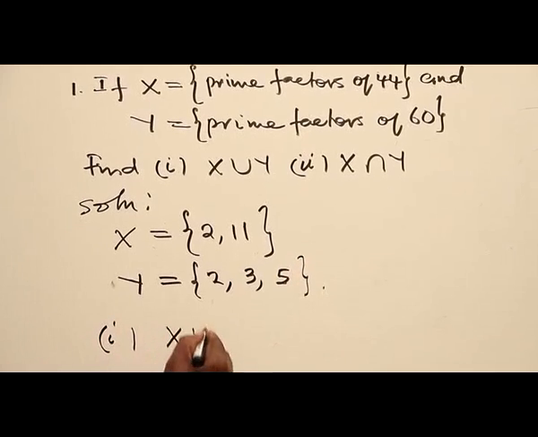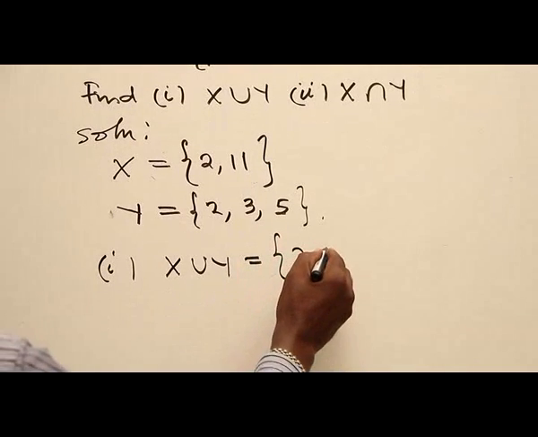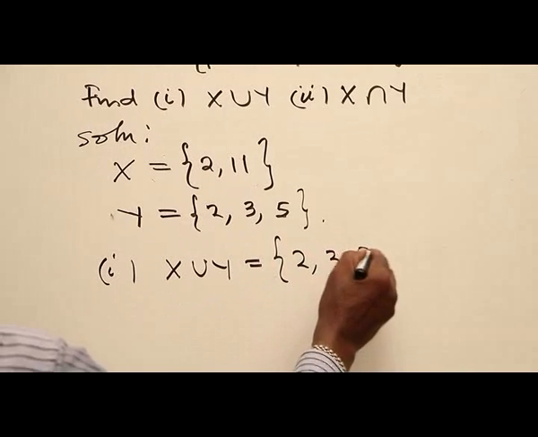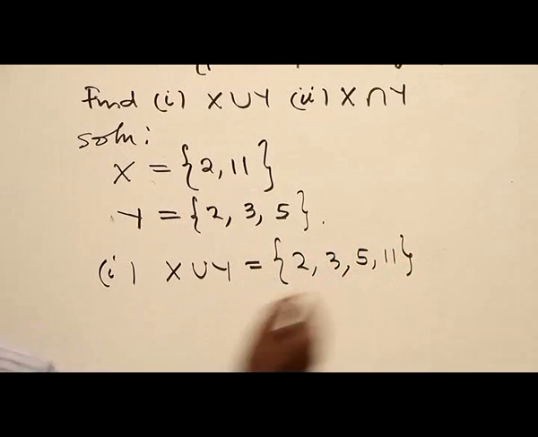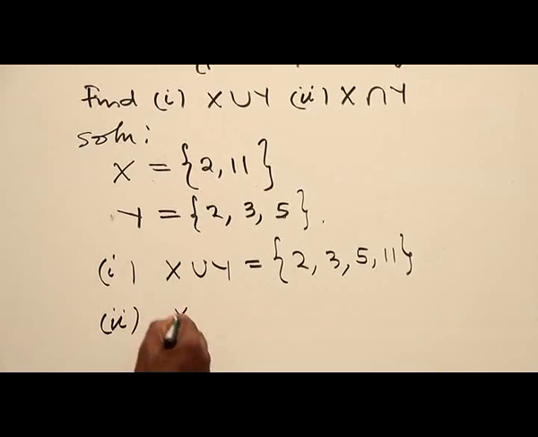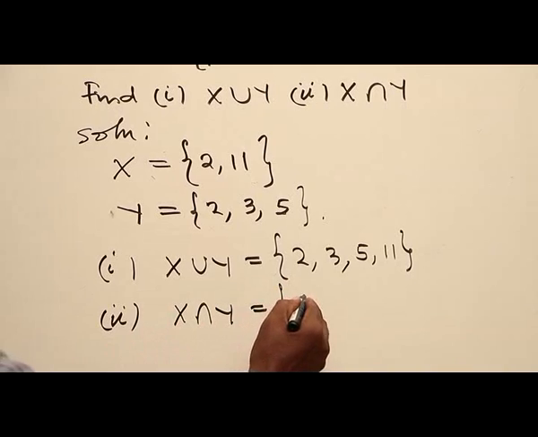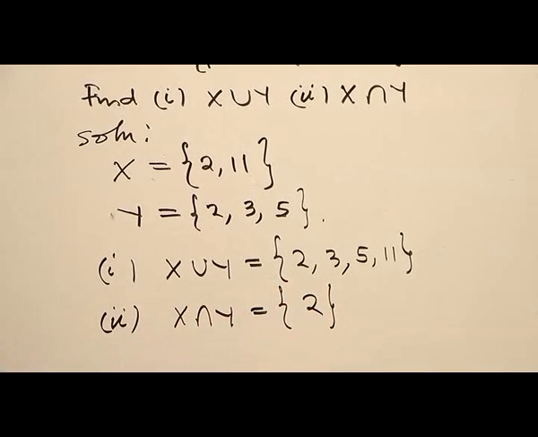Find S union Y, and that will be equal to 2, 3, 5, and then 11. The second one is asking you to find S intersection Y, and that will be equal to the intersection here, which is a singleton set which contains the element 2. So the answer to this problem is 2, 3, 5, 11, and then the singleton set 2.